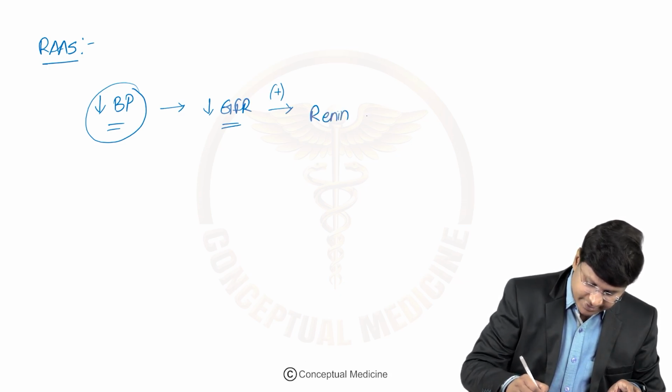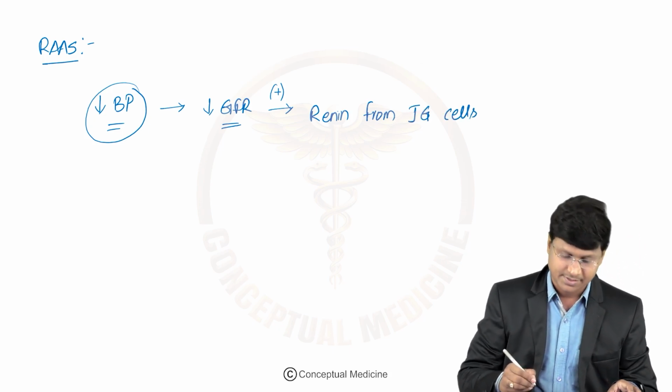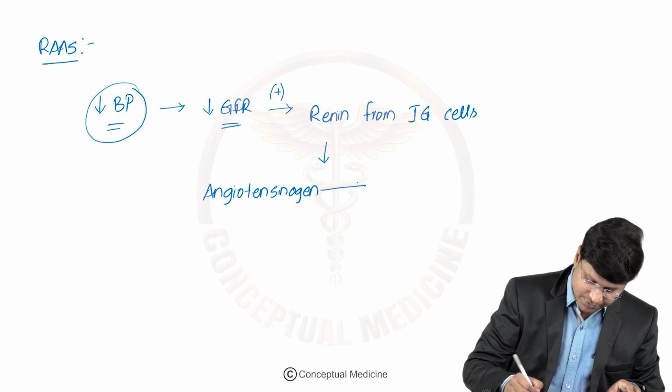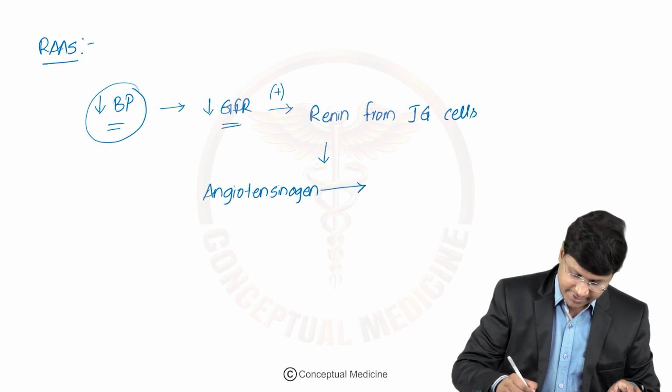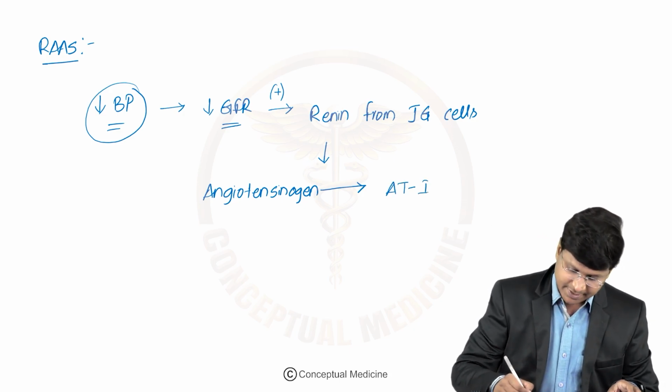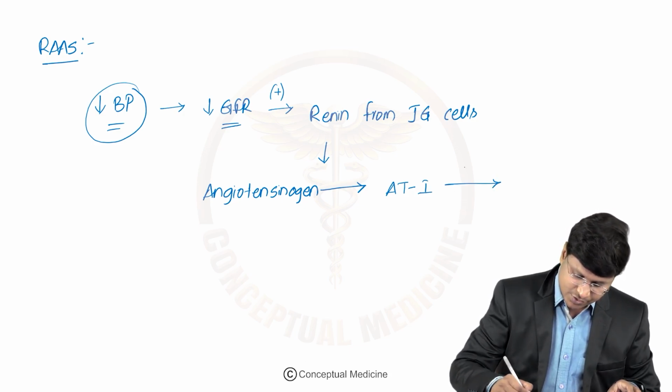There will be release of renin from JG cells, and this renin will act on angiotensinogen. Now this angiotensinogen is converted into angiotensin 1. Angiotensin 1, in the presence of the enzyme angiotensin converting enzyme, is converted into angiotensin 2.